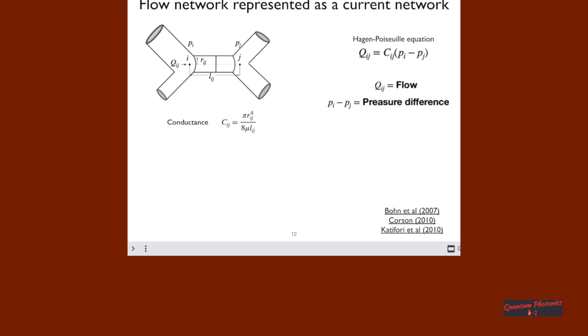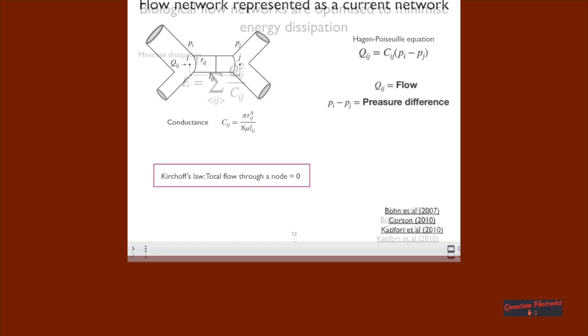Yes, I'm talking about slide 12 where I'm showing how the flow network can be modeled as a very simple network made with hollow cylindrical tubes where the flow is linearly proportional to the pressure difference through these tubes, which allows us to fit the flow network to a current network, because the pressure differences can be mapped to the voltage differences through current networks, where the flow through the tubes can be mapped to the currents through a current network.